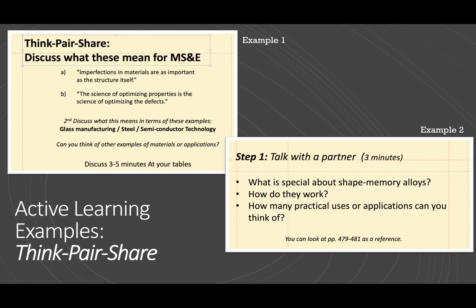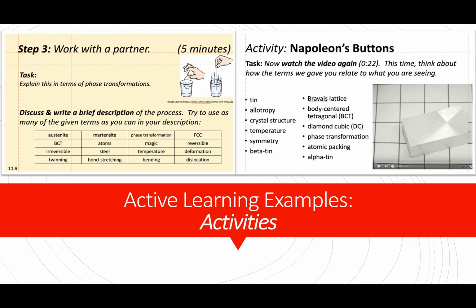These are some of the activities, like the think, pair, share, 3 to 5 minutes at the table. The students discuss in pairs and then share with the class. Other activities were practical demos and experiments, such as the shape memory alloy.